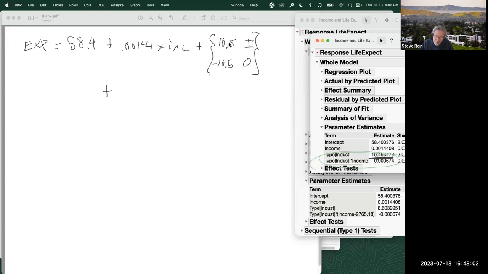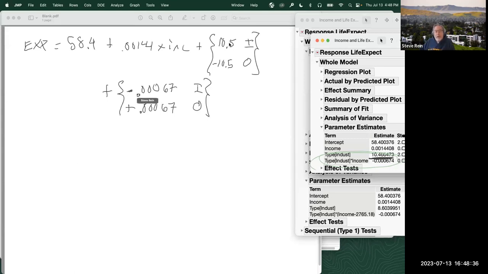So I'm going to have plus one of two options: minus 0.00067 if it's income and industrialized, but we add in 0.00067 if it's an OPEC country.